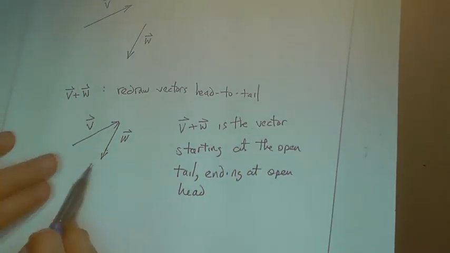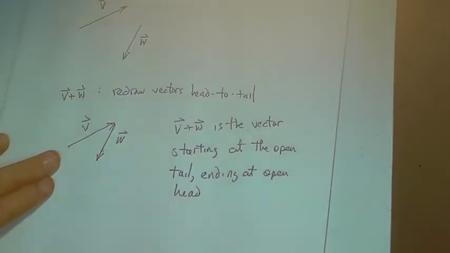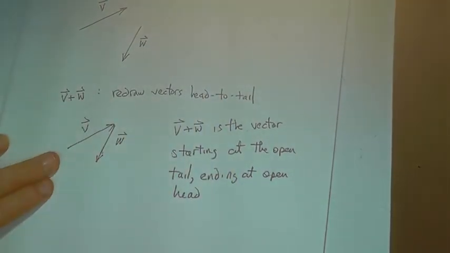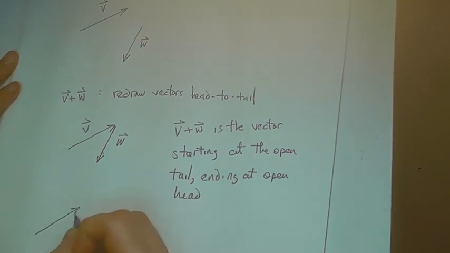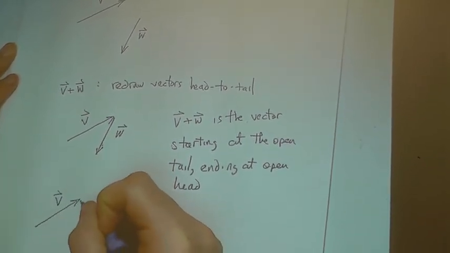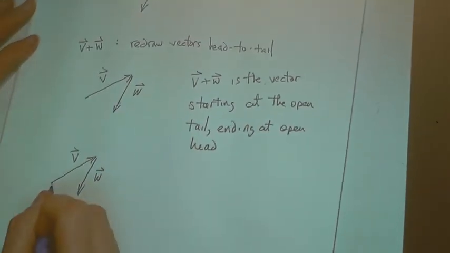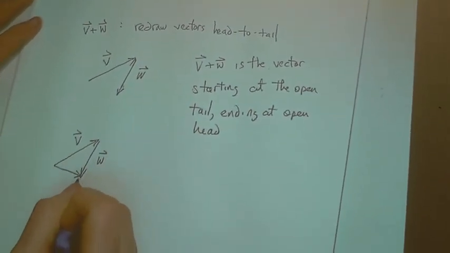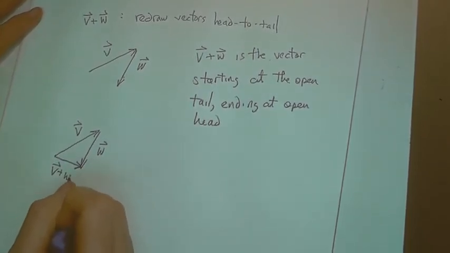Okay, so I'm going to leave this picture up because it's notes. But what I would have here, so this would be V, this is W. This right here is V plus W.